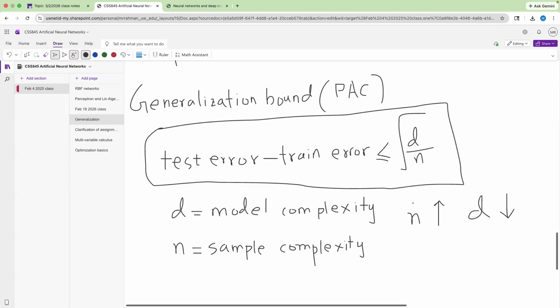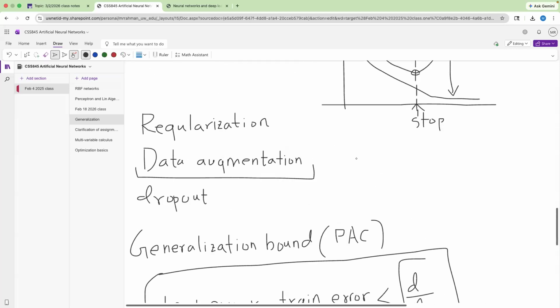So by increasing the number of data points, we can get better performance. Or if we have overfitting and we can somehow reduce the model complexity, then we can also improve performance, right? So data augmentation means we improve performance by increasing n, and regularization means that we try to reduce d, and dropout is also trying to reduce d to get better performance. Okay.